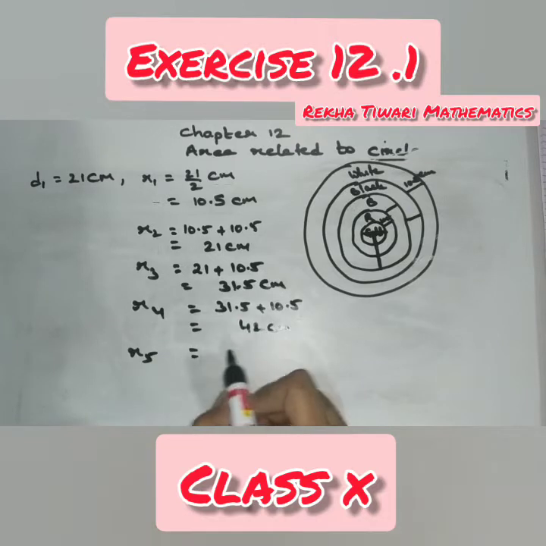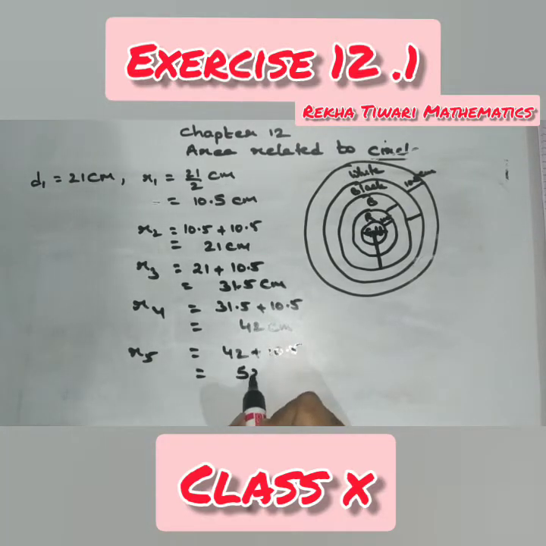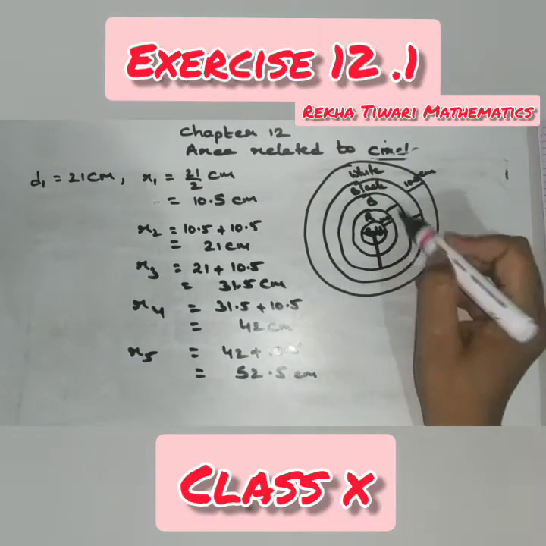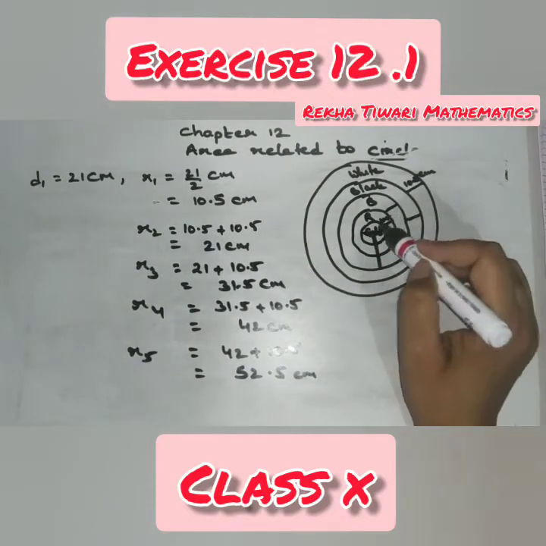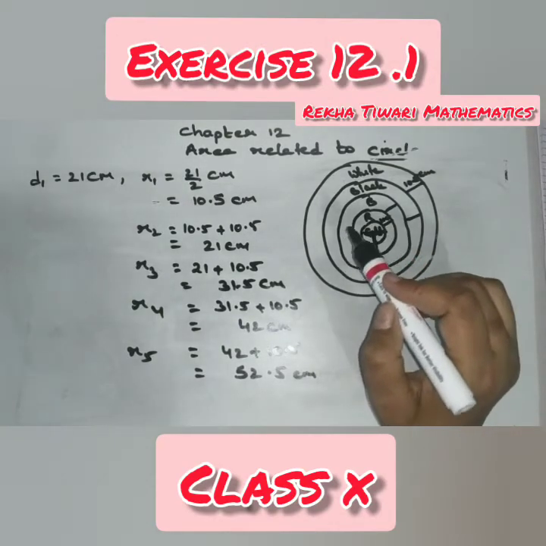And R5 is equal to 42 plus 10.5, which comes out to be 52.5 centimeter. So in this way you will get the radius of each of the circle. Such type of circles, if you remember, the circles with the same center are called the concentric circles.